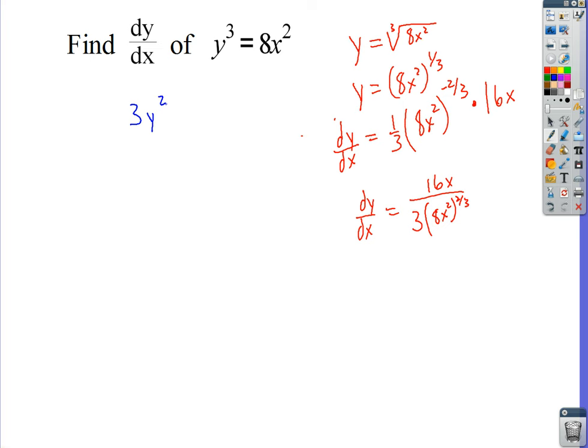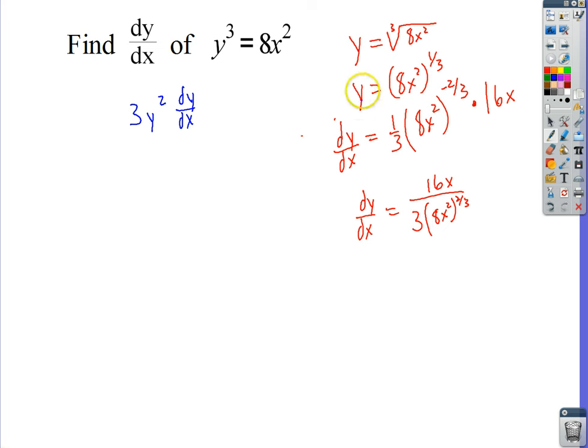But it's kind of like a little mini chain rule, right? The derivative of my shell was the 3y squared. The derivative of my chocolate was the derivative of just plain old y, and that's dy/dx, like we had over here.